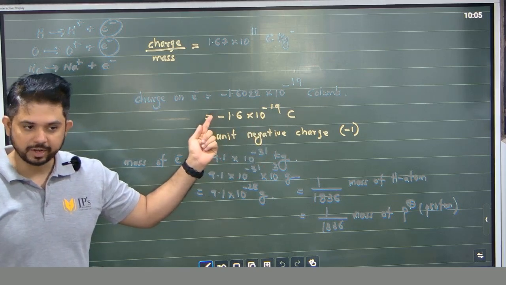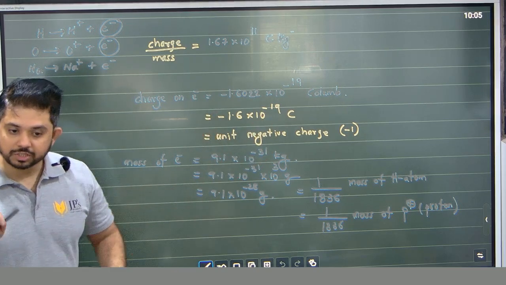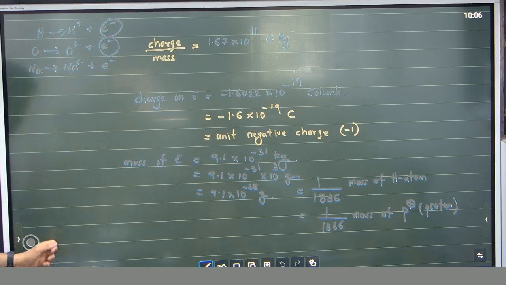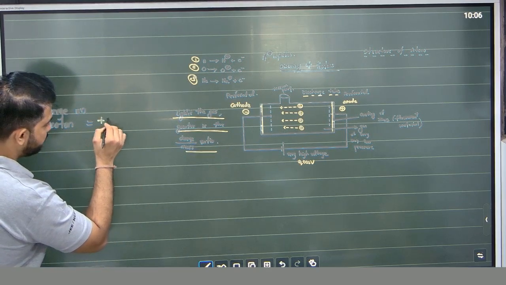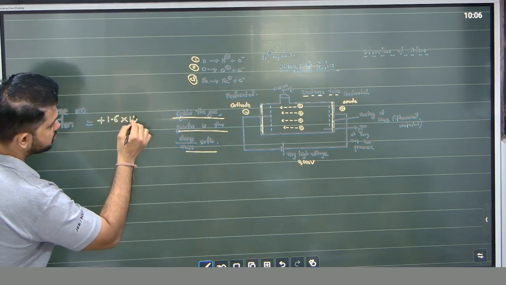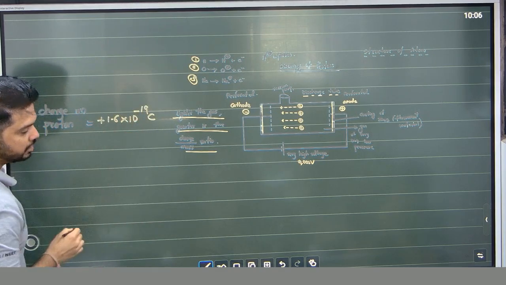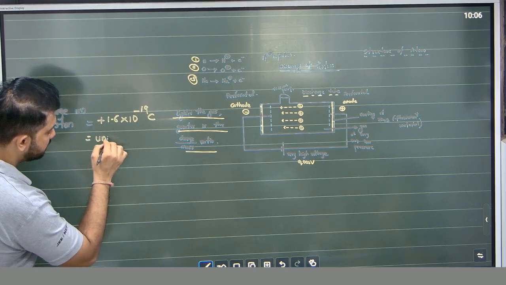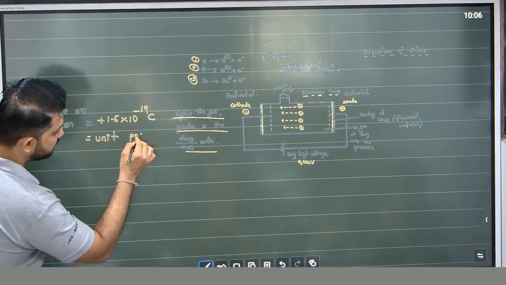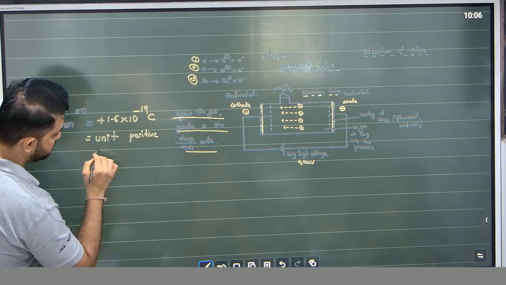Negative 1.6022 into 10 raised to minus 19. So what is the charge on the proton? Positive, plus 1.6 into 10 raised to minus 19 coulombs. That was called the unit negative charge. This will be called the unit positive charge.